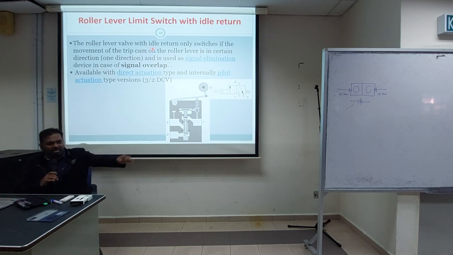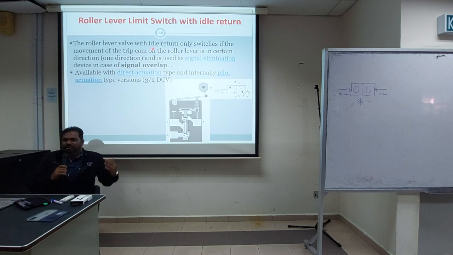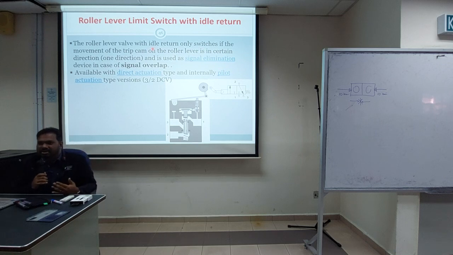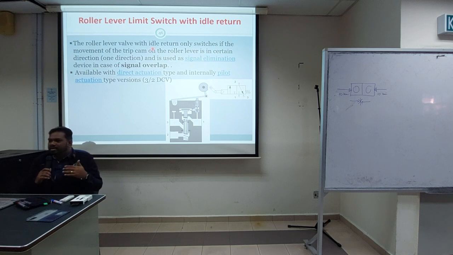You have to draw it. Both sides get input and the valve cannot decide. That is what we call signal overlap. Then there is also a question, how to overcome signal overlap. You can overcome signal overlap using the signal elimination method.